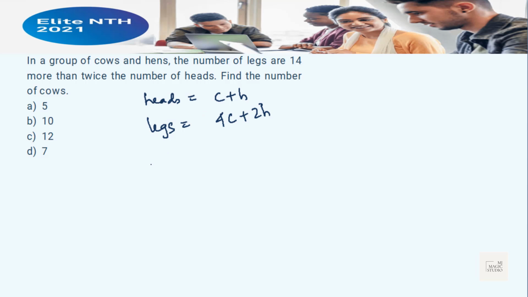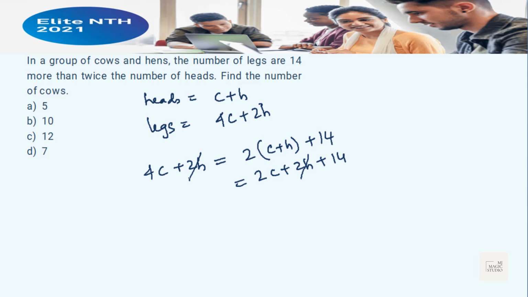Now the number of legs, 4C plus 2H, is 14 more than twice the heads, 2 into C plus H, plus 14. So that is 2C plus 2H plus 14. 2H cancel out, 4C minus 2C is 2C is 14, C equals 7. Find the number of cows. The number of cows is 7, option D.